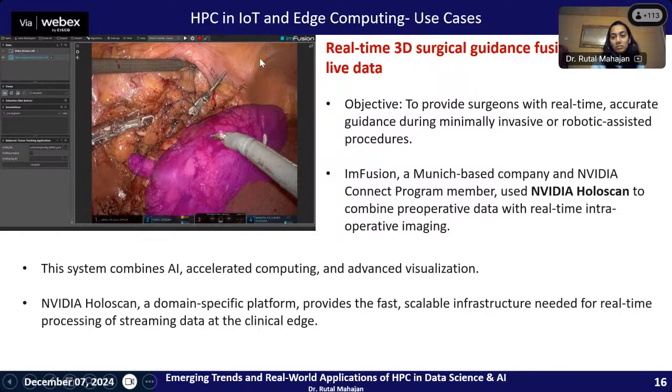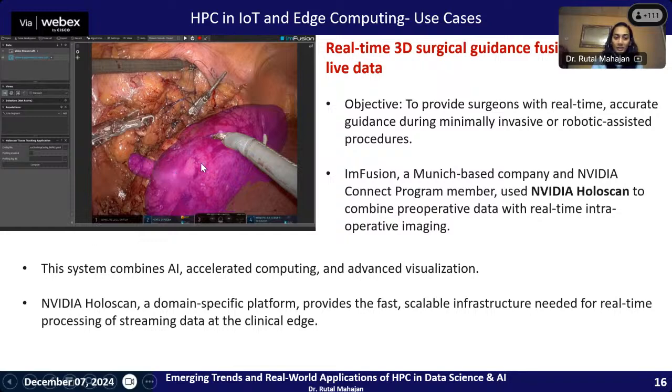This is the innovation by IM Fusion, a Munich-based company and NVIDIA Connect program member, which uses Holoscan to combine pre-operative data with real-time operative imaging. By using that, the surgeon can get guidance to keep the invasion minimal during the surgery.